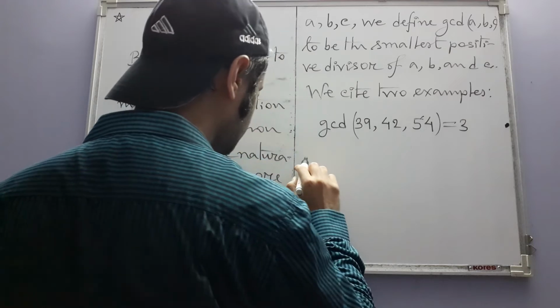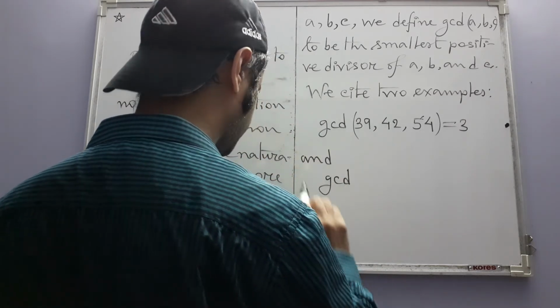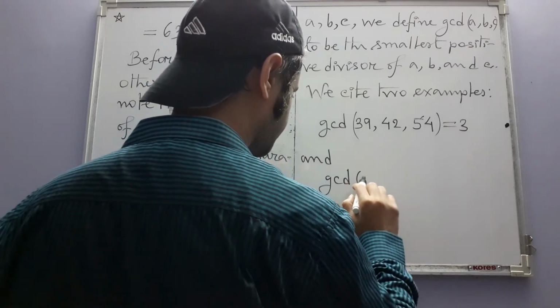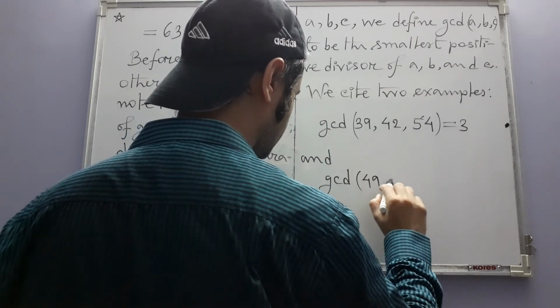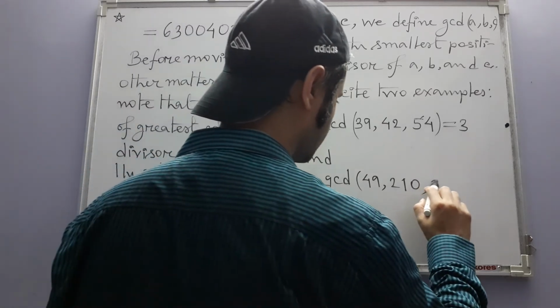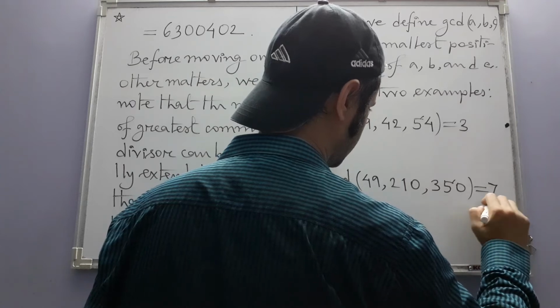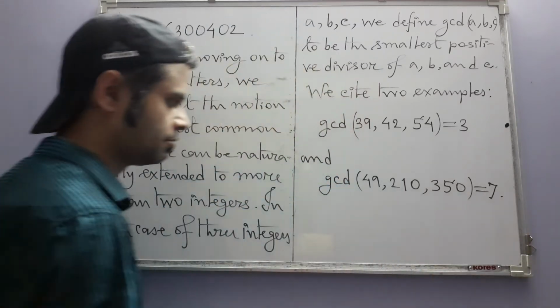That is one thing. And GCD of 49, 210 and 350 turns out to be equal to 7.